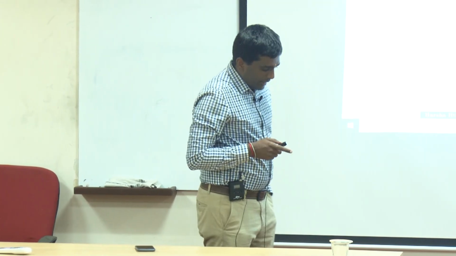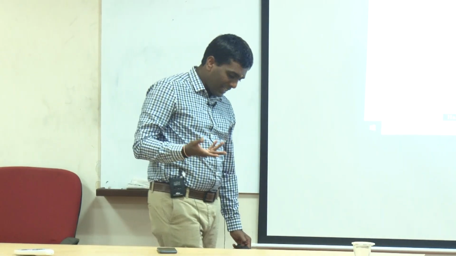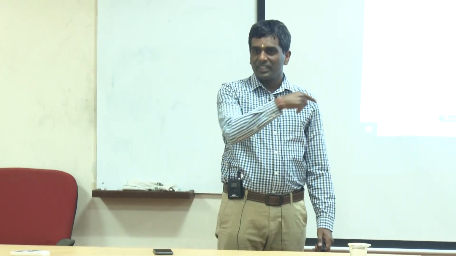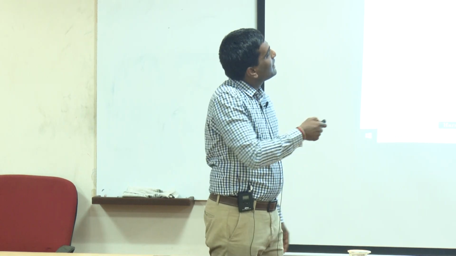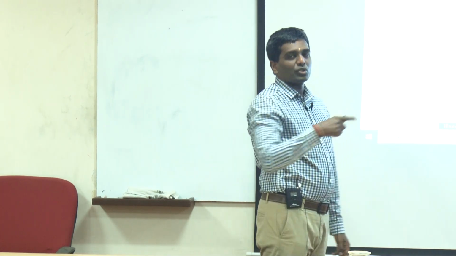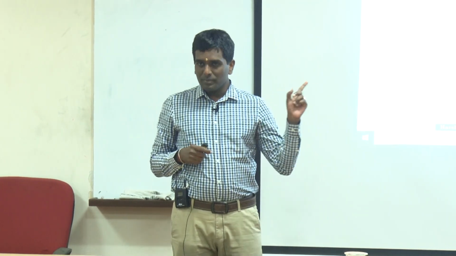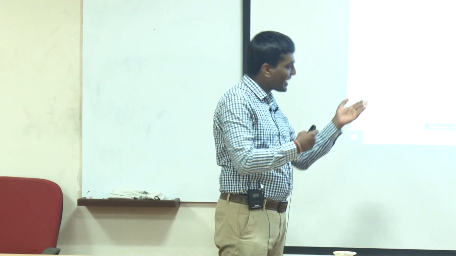Again, this is a partial differential equation, so you need to have at least two independent variables. So we take these two independent variables t and x, where x runs in R and t also runs in R. And this is a second order partial differential equation because you have got second order derivatives.